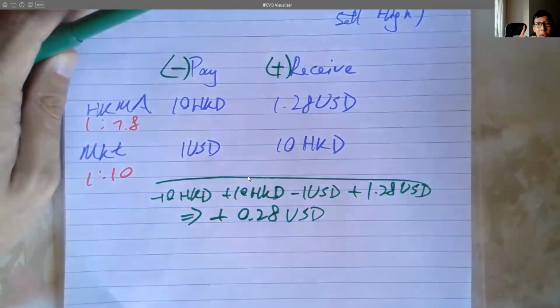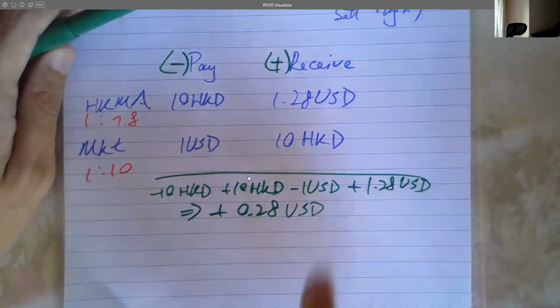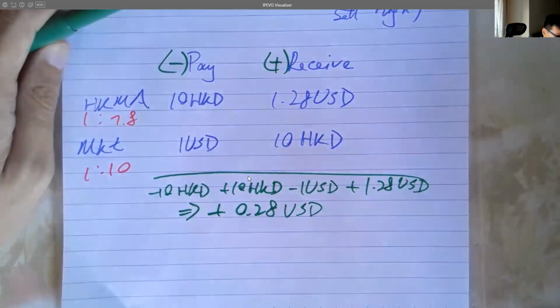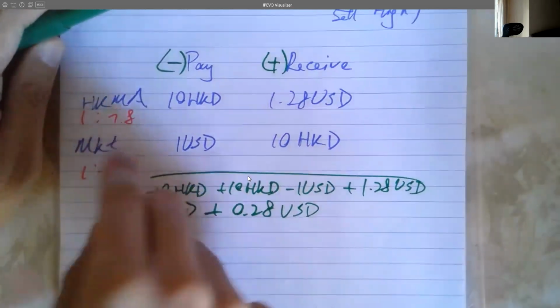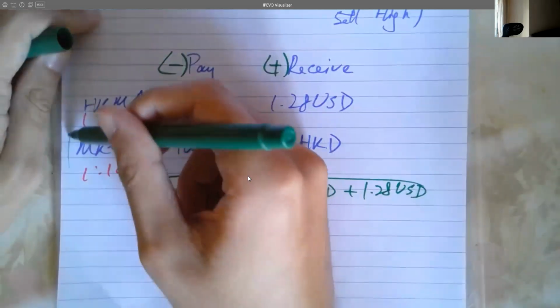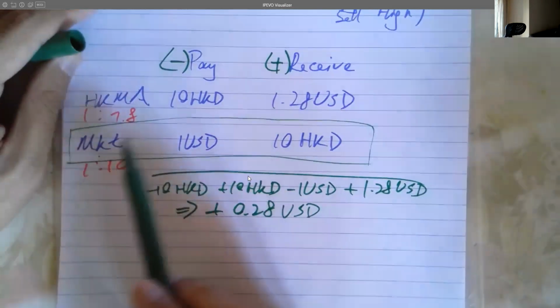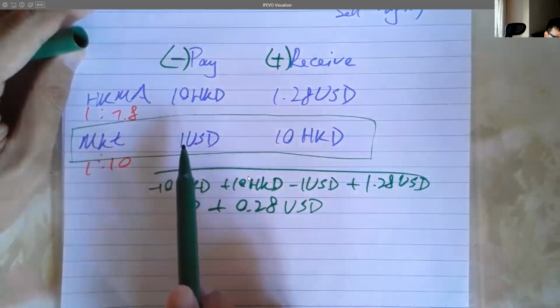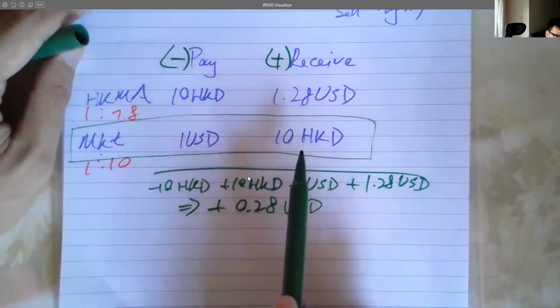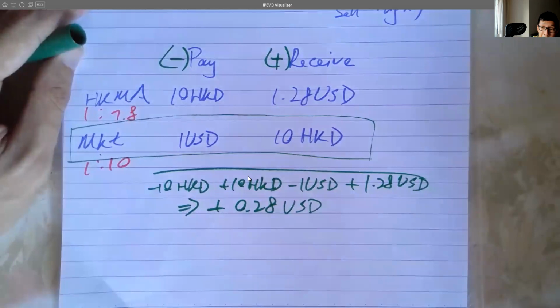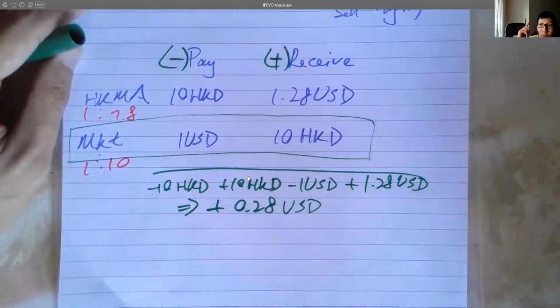But the more important thing is, how would this action affect the exchange rate? Let's look at the market line here and see what happens. Remember, the bank is actually receiving money from the market. So what does that mean?